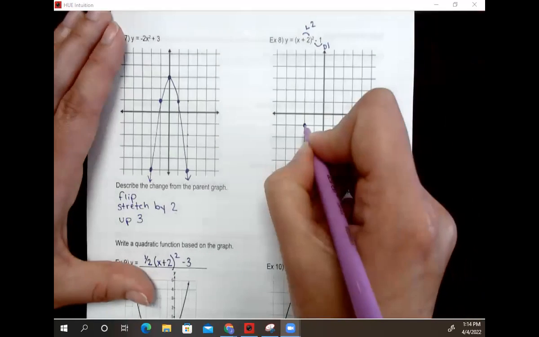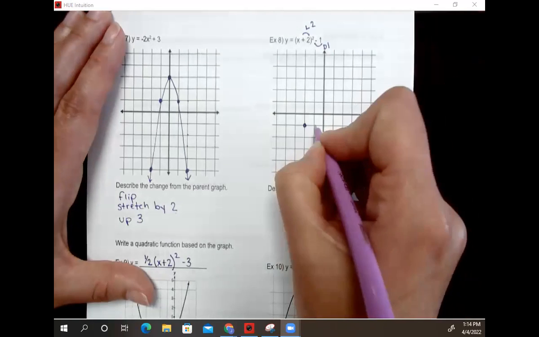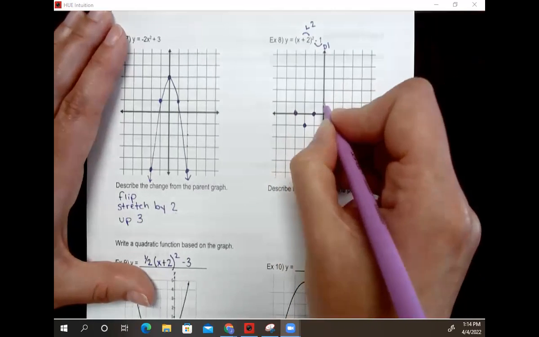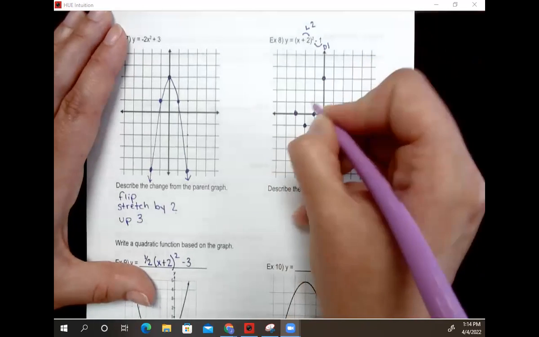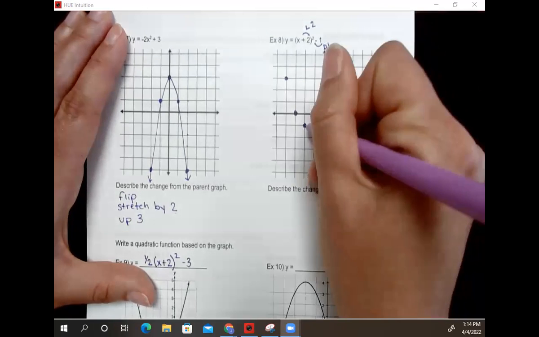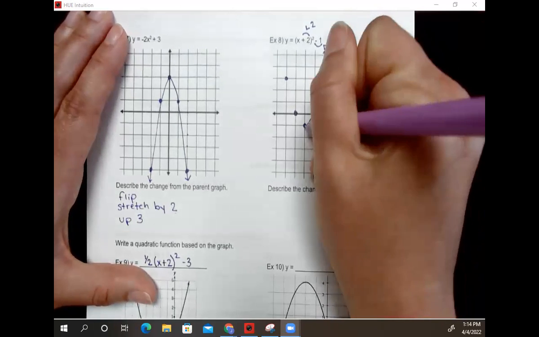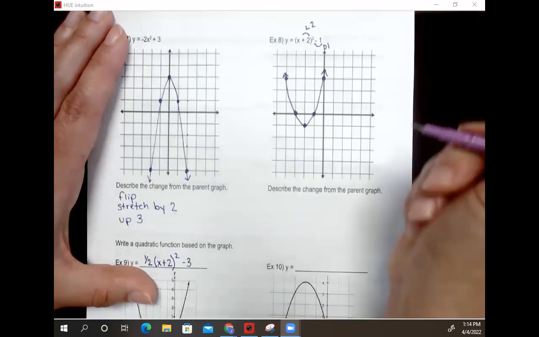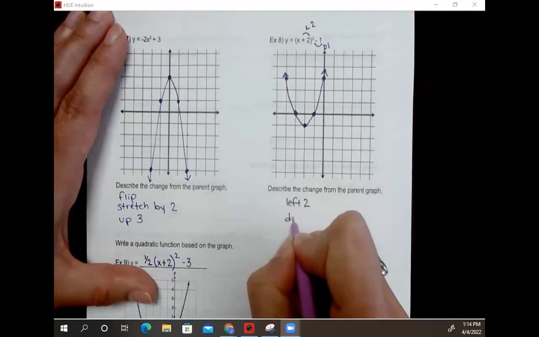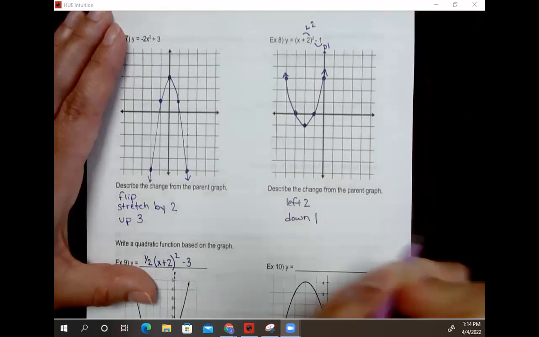So to get the rest of my points, count from the vertex, out 1 and up 1 on either side, and then out 2, up 1, 2, 3, 4. So we've moved left 2 and down 1.